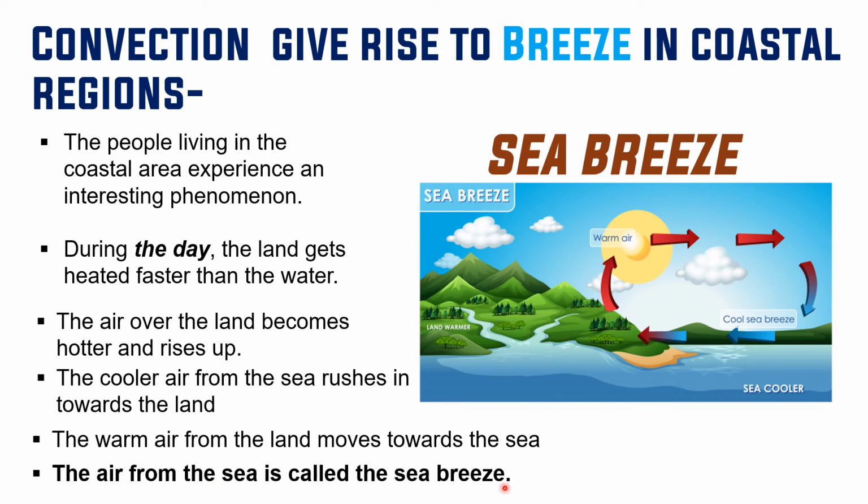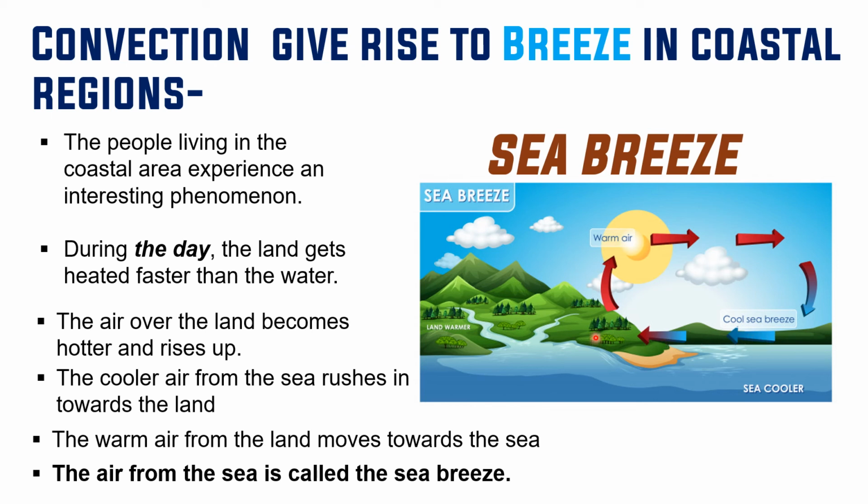I'm just saying one more time, we are talking about sea breeze. Sea breeze happens through the process of convection, and only during the daytime. During the day, the land heats up first, and the particles on the land move up because they are heated. They become lighter and move up, and at that time the cool air, the heavier particles from the sea, come to this place.